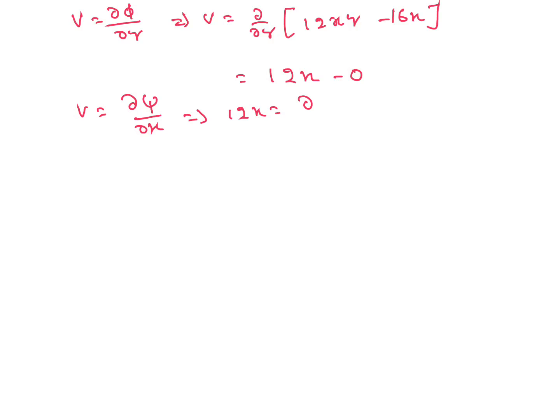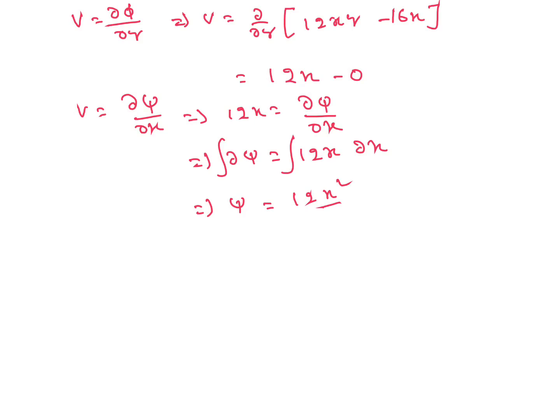So del psi equal to 12x del x. Both sides integrate. Psi equal to 12x square by 2. So it's 6x square plus constant. This is equation 2.